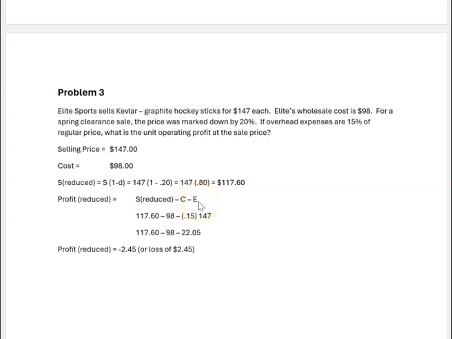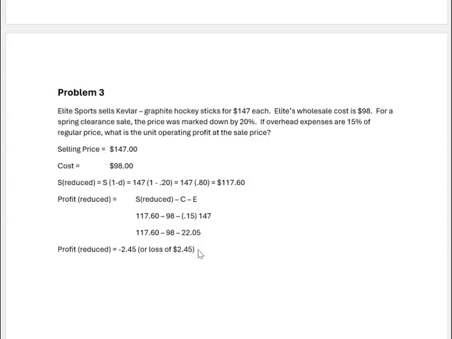Because your costs and your expenses subtracted from what you sell it for, the leftover is your profit. So we know the reduced selling price is $117.60 minus off the cost, which is $98, minus off the expenses, which is again 15% or 0.15 of the original selling price, which is $147. So it's $117.60 minus your $98 minus $22.05 for your expenses, and anything that's left is your profit.